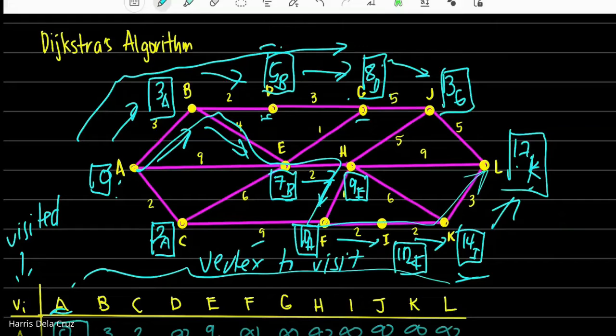So, kung galing kay H ang gusto mo, initialize mo kay H, to any of the vertices, kay H mo naman gagawin yung Dijkstra. And so on. So again, pag nagawa mo yung Dijkstra from one vertex, ibibigay na niya lahat ng shortest path from that vertex to any of the vertices in our graph. Okay?